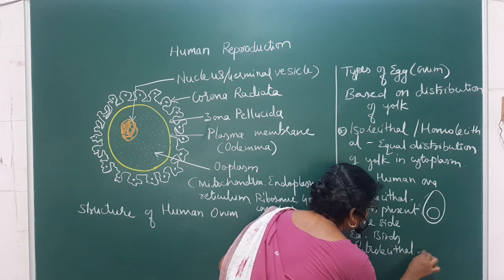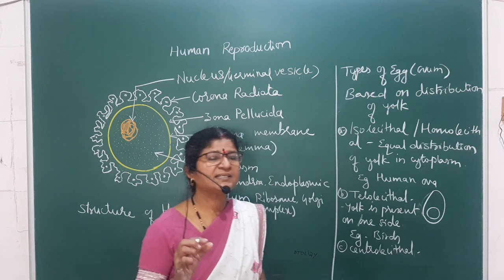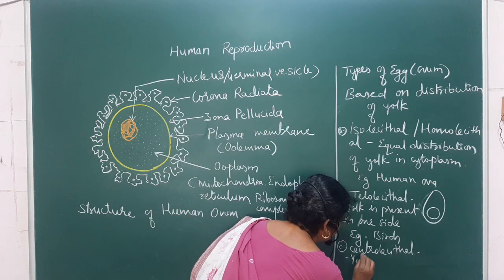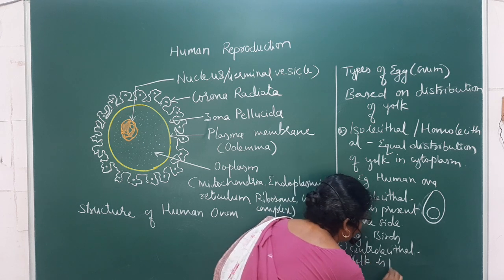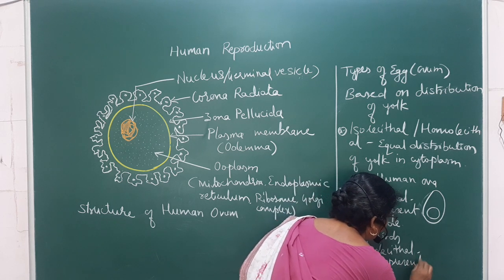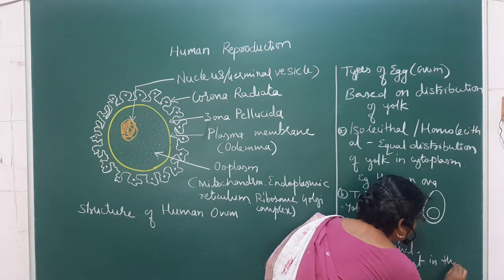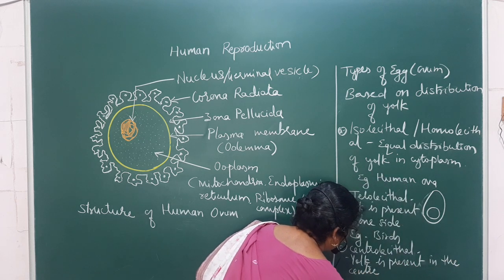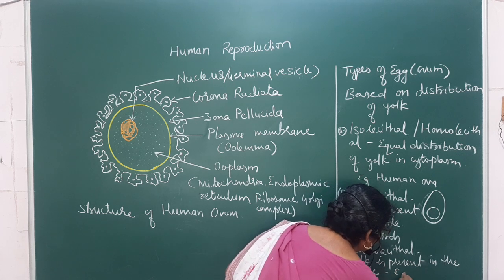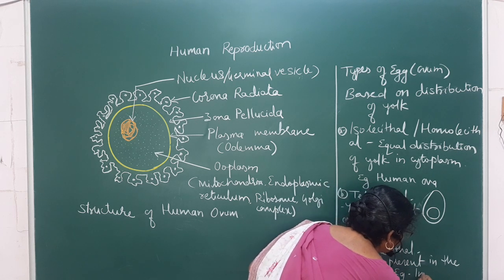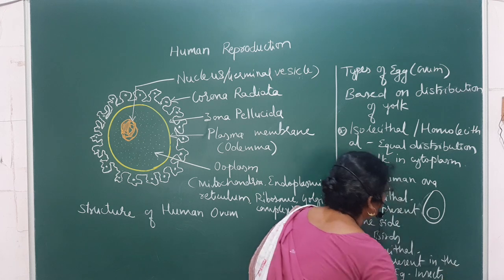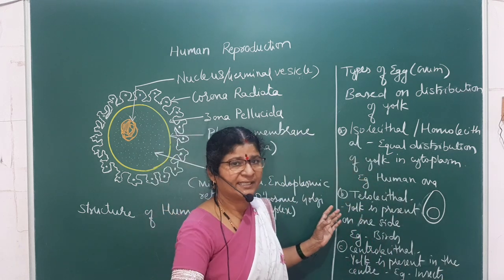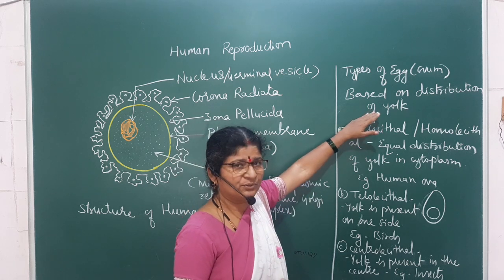Centrolecithal: here the yolk is present in the center of the egg. Here we can give the example of insects. So now we have done the classification of the egg based on the distribution of the yolk.